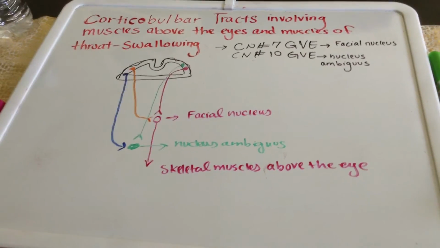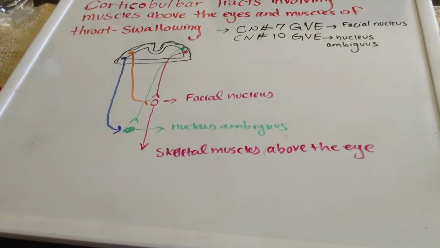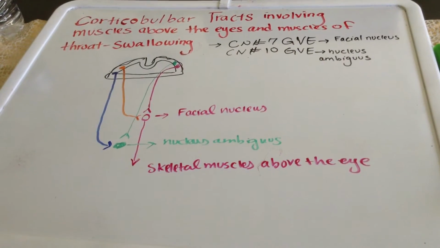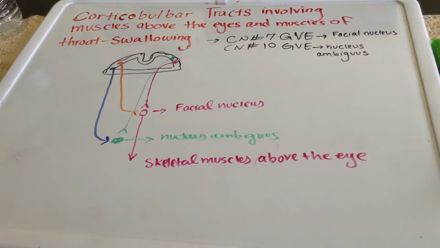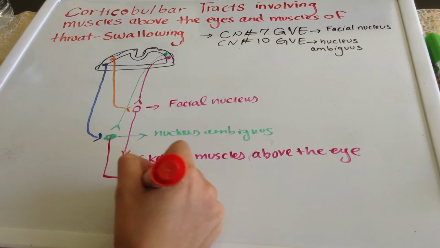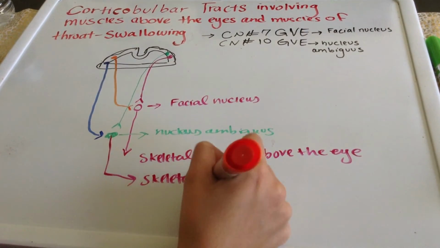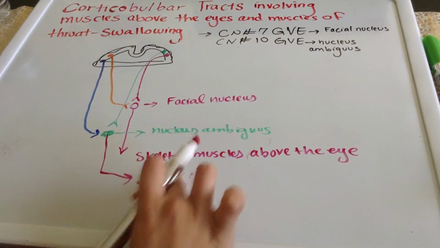So the cranial nerve will get bilateral signals, and then it will innervate the skeletal muscles of the throat, or just the muscles of the throat.